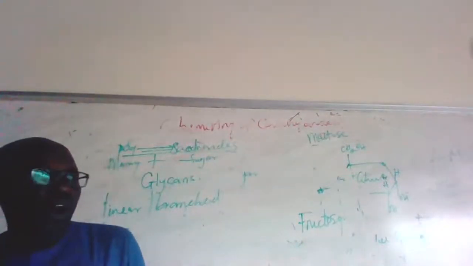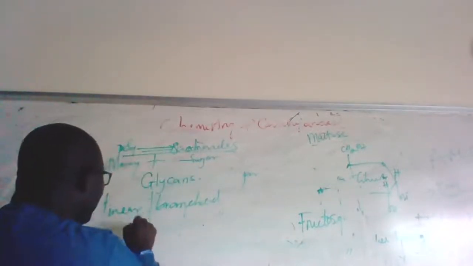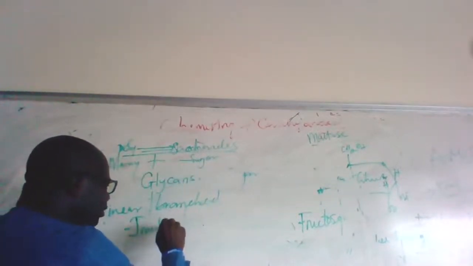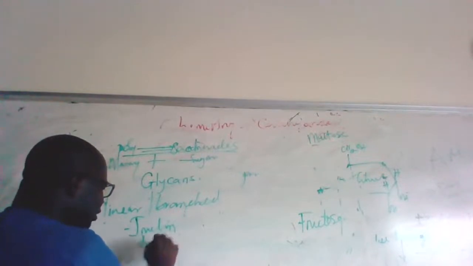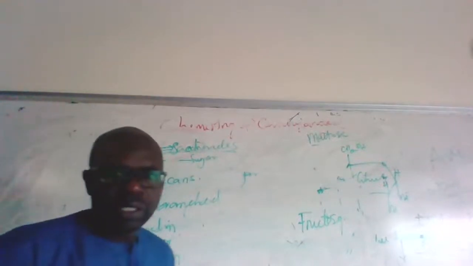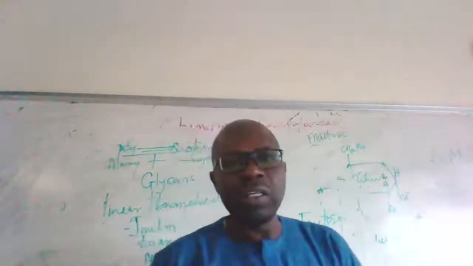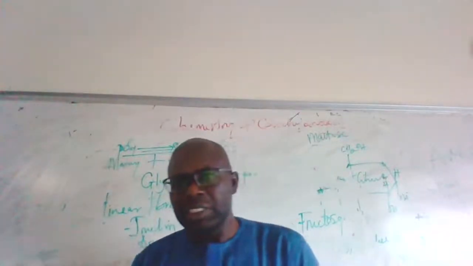We also have other forms of polysaccharides, such as inulin, agar, and pectin. All of these are classes of polysaccharides that coexist in living organisms.